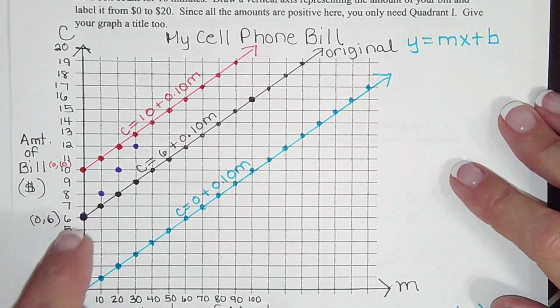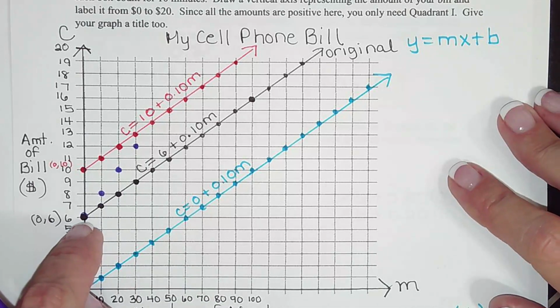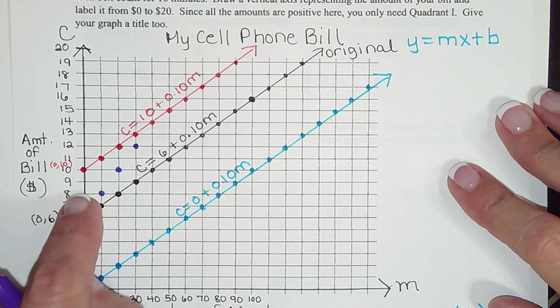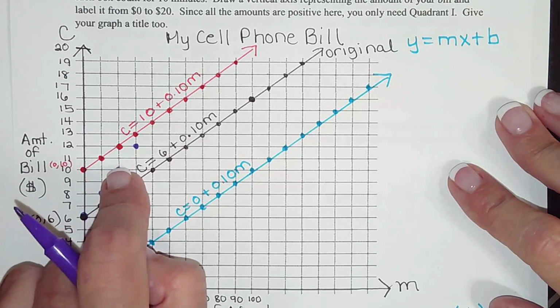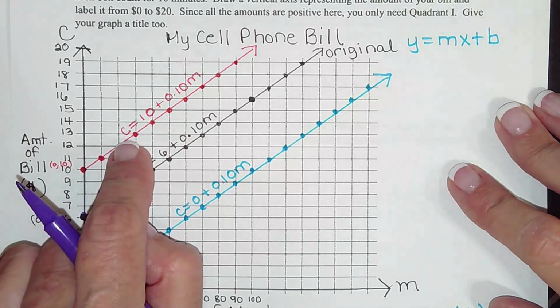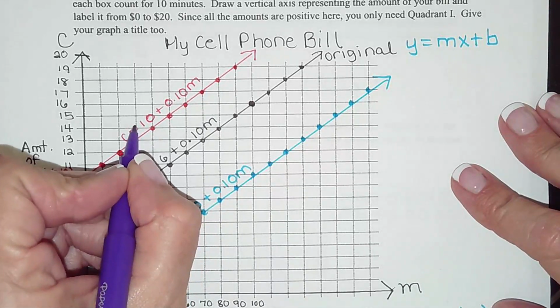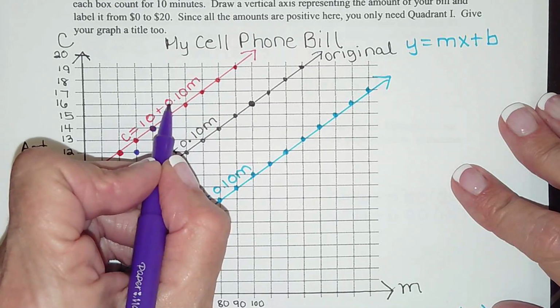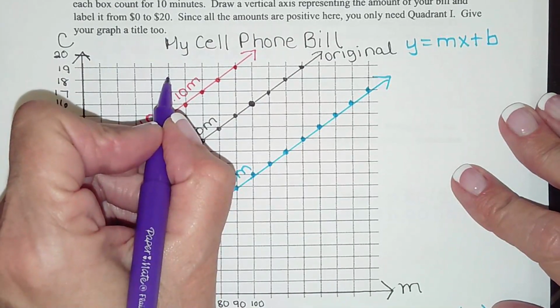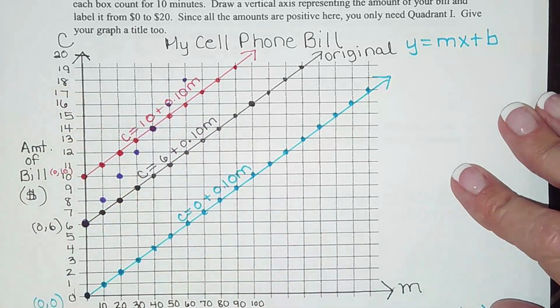And remember, slope is rise over run because all lines have a constant rate of change. Rise 2, run 1. Rise 2, run 1.